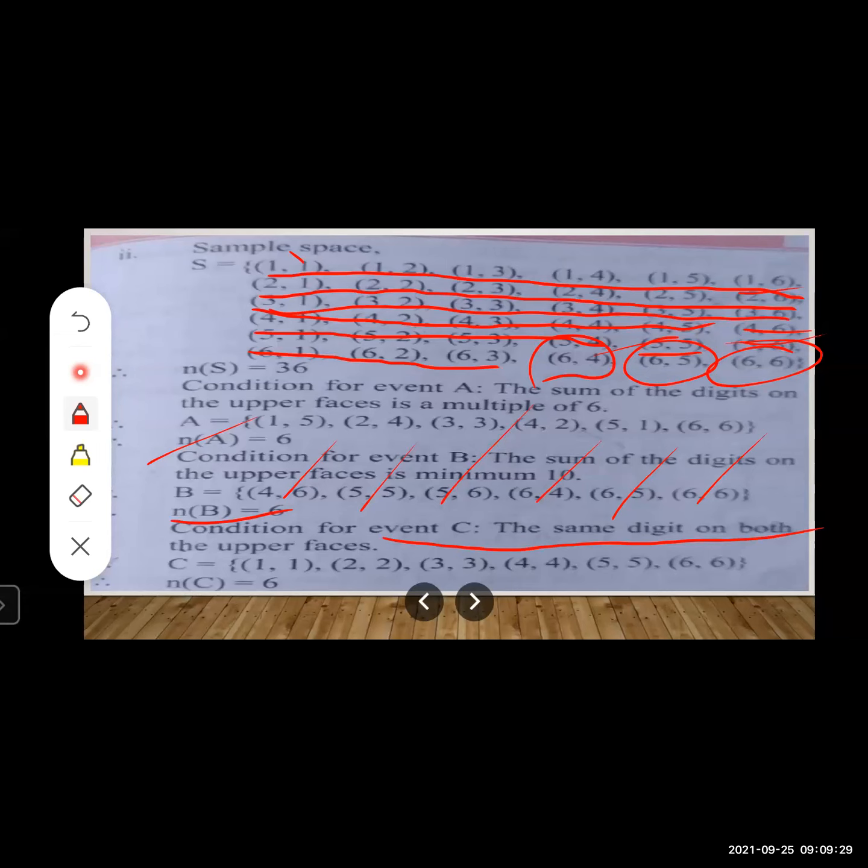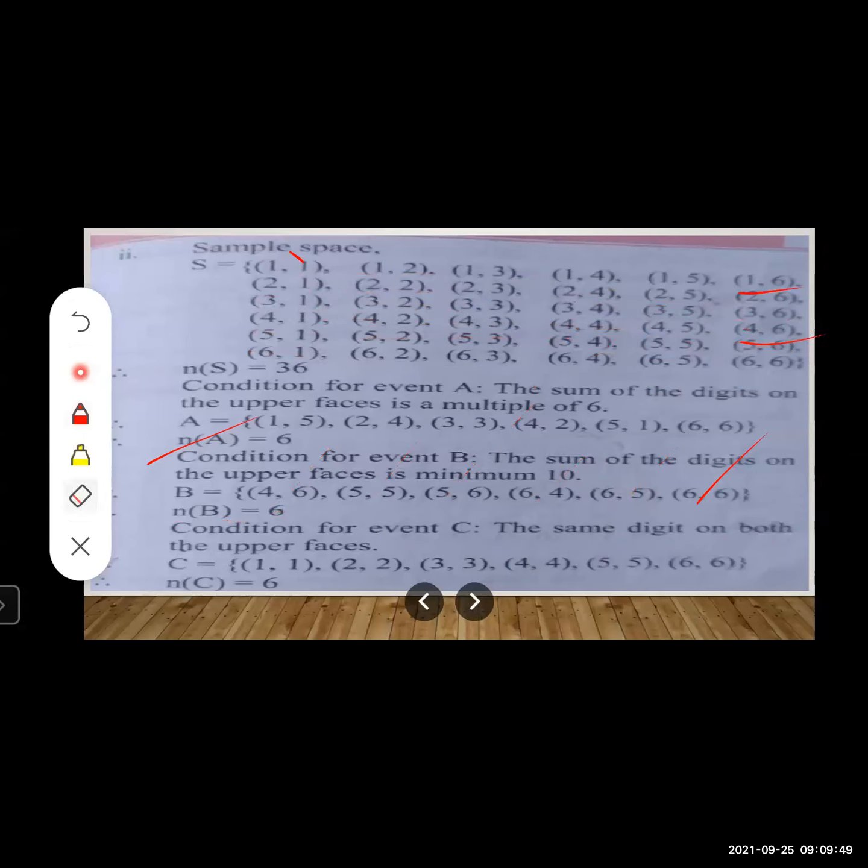Because we are throwing two dice, which means we are rolling two dice simultaneously. And that's why we want the same digit on both the upper faces of the two dice, right? Now let us choose our favorable outcomes from the sample space, right?